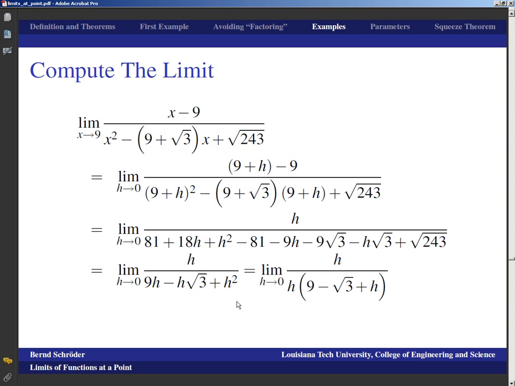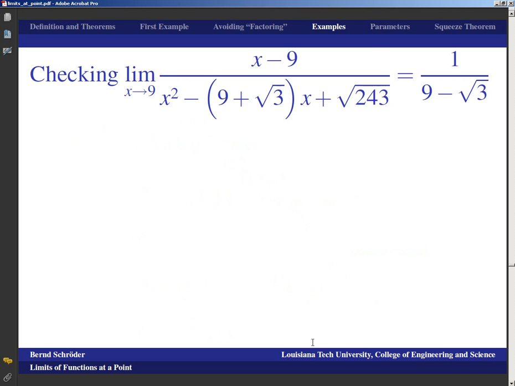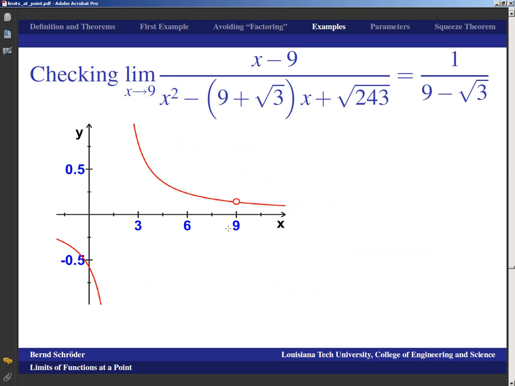Now we factor out an h in the denominator just to make absolutely sure we're allowed to cancel. And that gives us that this is the limit as h goes to 0 of 1 over 9 minus root 3 plus h, and that's 1 over 9 minus root 3, which is approximately between a 7th and an 8th. I don't think I've got the decimal here. But if we check that, well, we graph the function, we realize there's a hole at x equals 9.